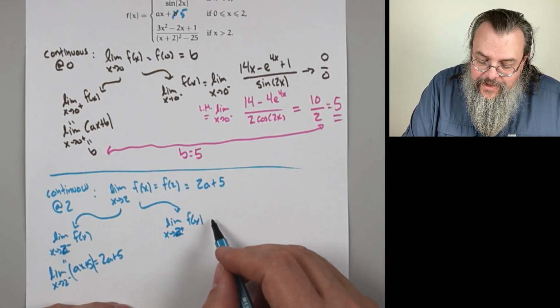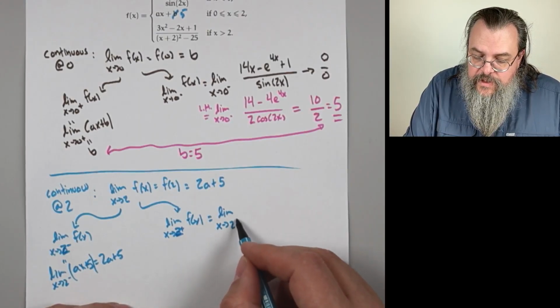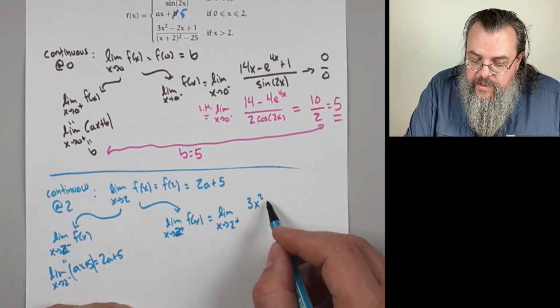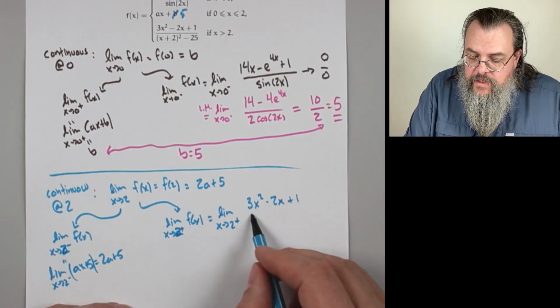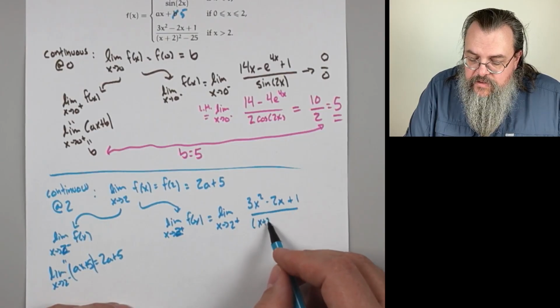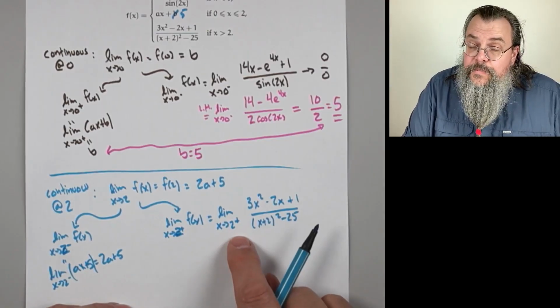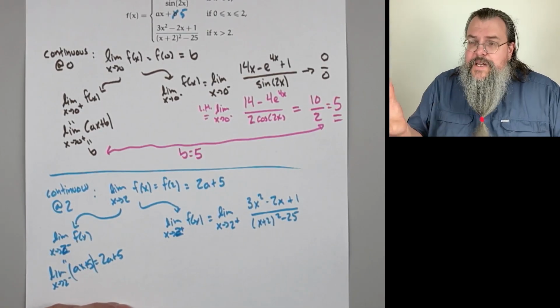Okay, so what's happening here? x approaches 2 from above. We'll have 3x squared minus 2x plus 1 over (x plus 2) squared minus 25. So you plug in 2. You don't even think about anything else until you say, well, let's plug in.